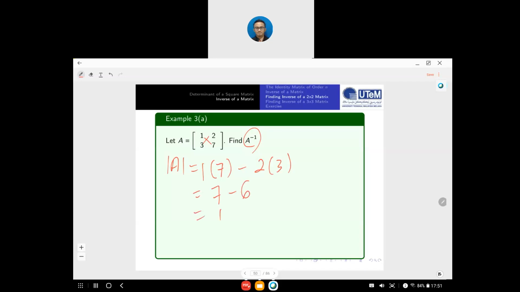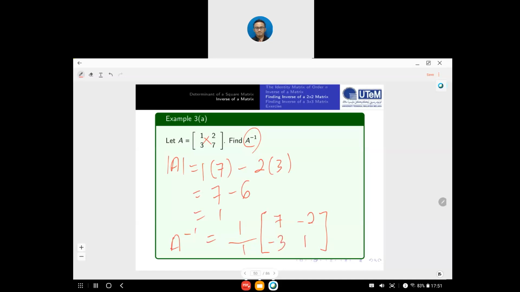Okay, and then A inverse equal to 1 over determinant, 1 over 1 times the matrix. You change the position between 1 and 7. It becomes 7, 1. And then 2 becomes negative 2, 3 becomes negative 3.